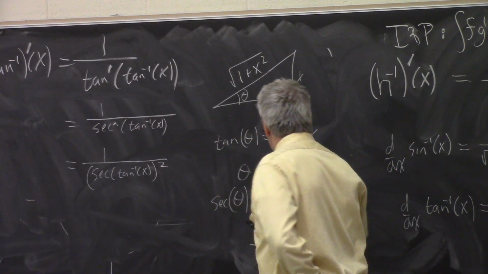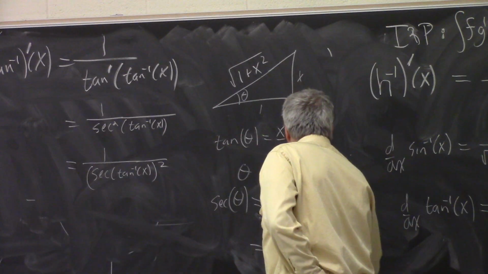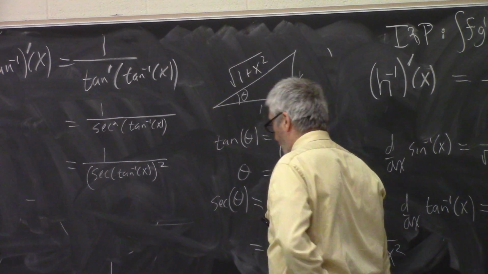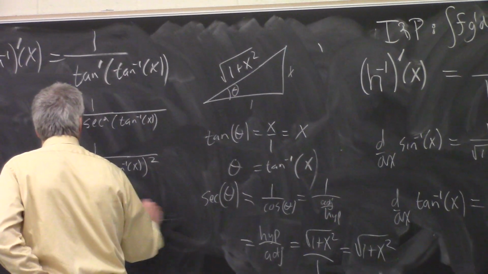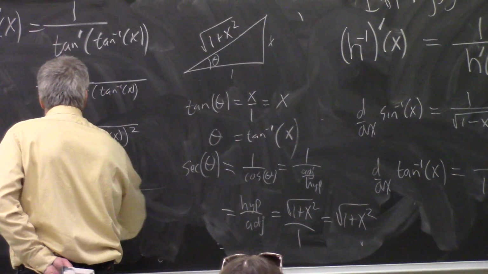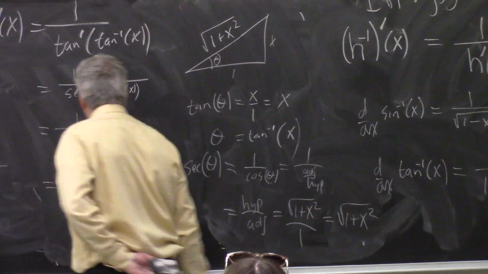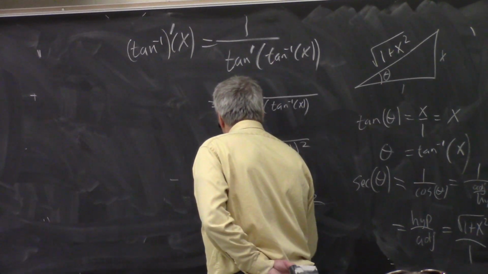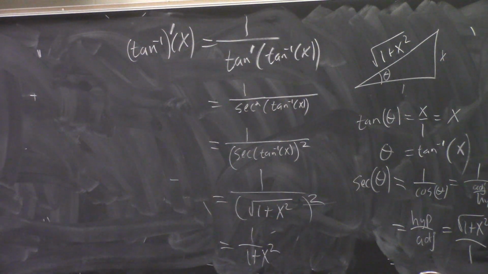So this is going to be square root of 1 plus x squared, all divided by 1, so just square root of 1 plus x squared. Okay, so that's what goes in here: 1 over parentheses, and inside the parentheses, square root of 1 plus x squared. But then that whole thing gets squared, and I just get 1 over 1 plus x squared. So good, this is true.